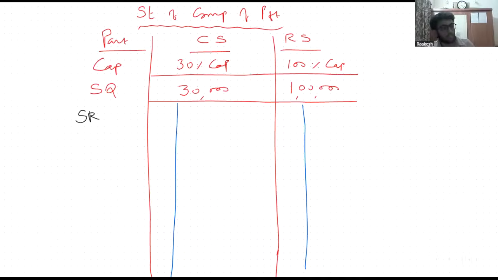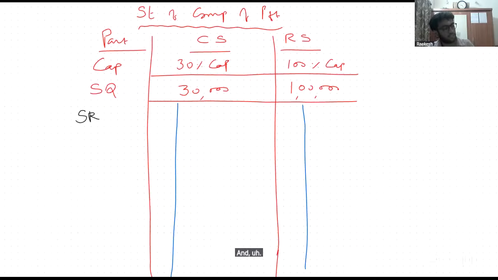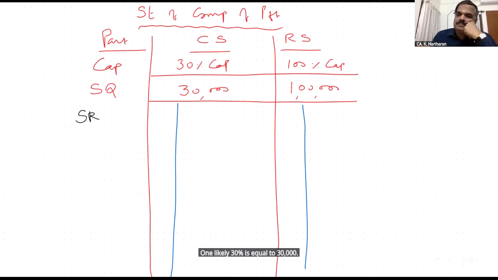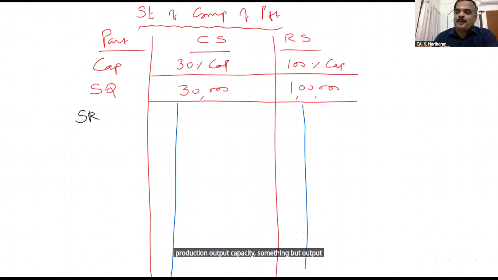Sir, basic doubt. They have said that the company has the capacity to produce 1 lakh units, and in the question it is given that it can market 30% of its output. Yes, 30% of 1 lakh is equal to 30,000. Output is what they call the capacity: how many units you can produce, that's the capacity.